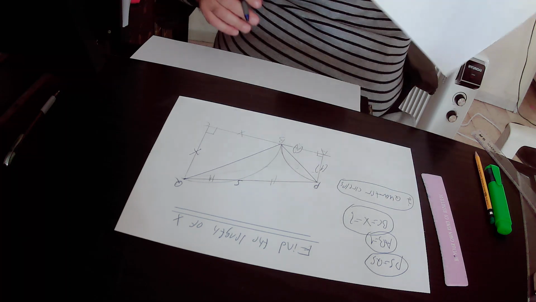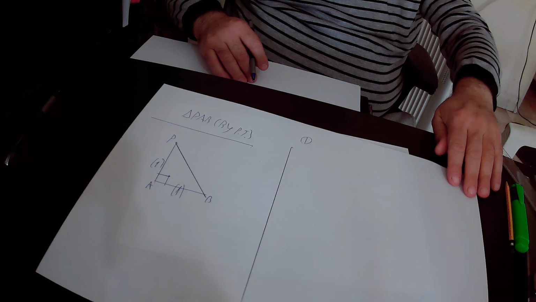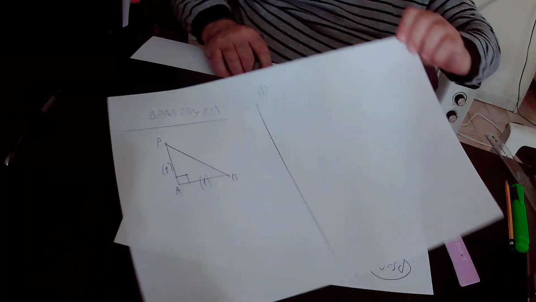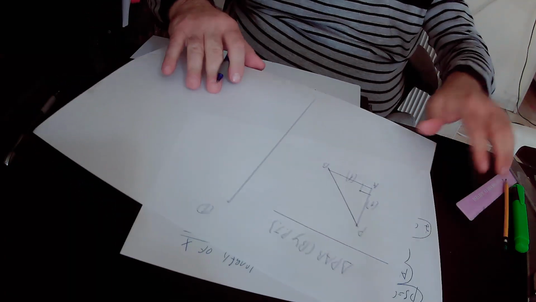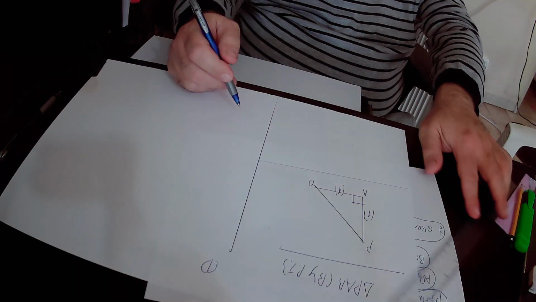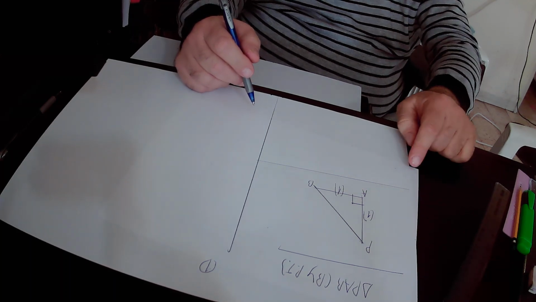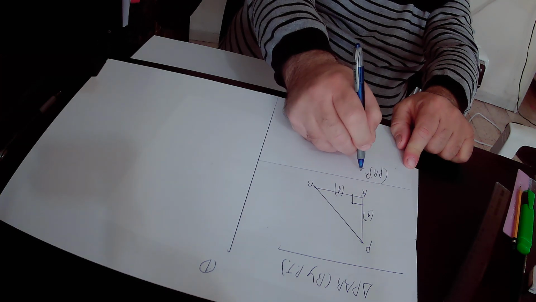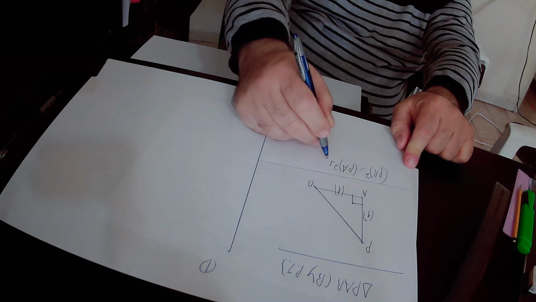So actually, this is the right triangle PAB that I copied from the original drawing. According to the Pythagoras theorem, in this right triangle, PB square equals PA square plus AB square. PB square, that is the square of the hypotenuse, must be equal to PA square plus AB square.